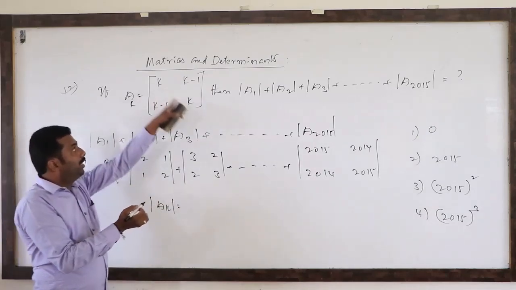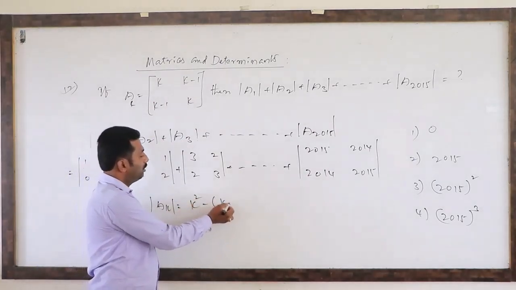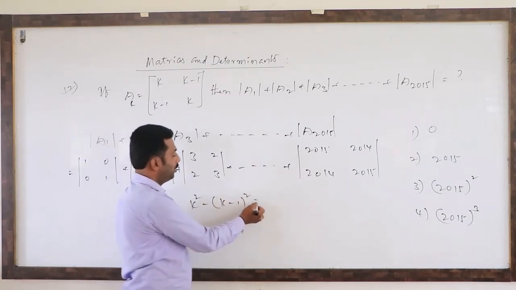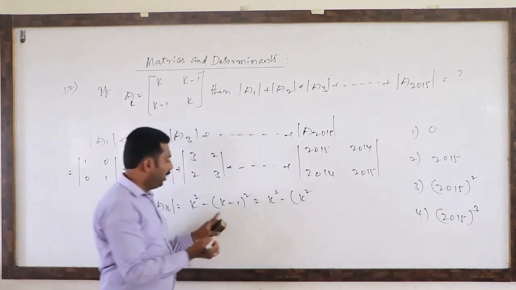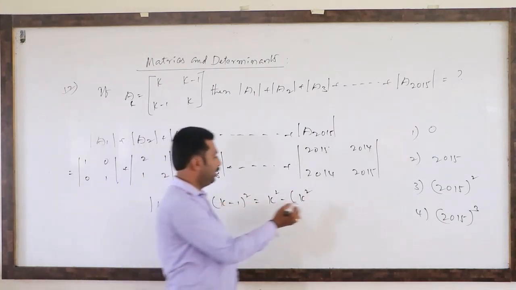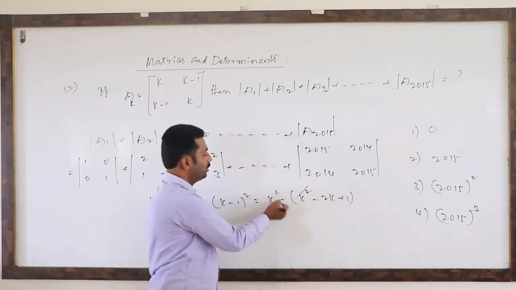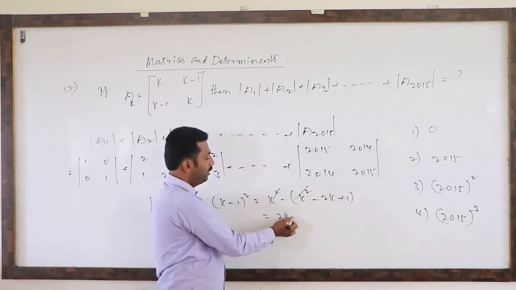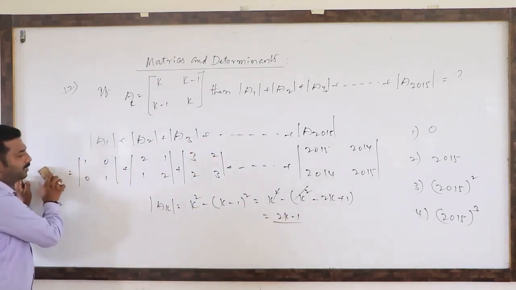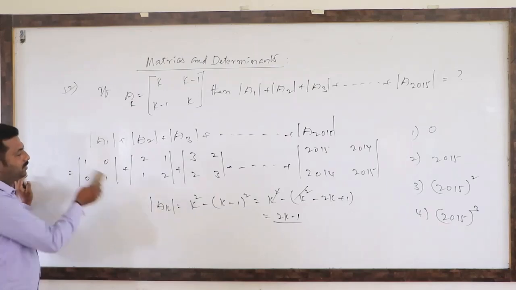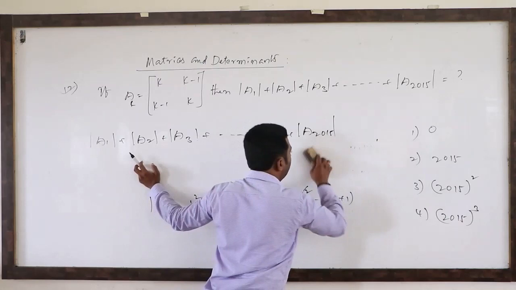Determinant of A_k means this is k square minus (k minus 1) whole square, nothing but k square minus, using (a minus b) whole square, k square minus 2k plus 1. So this is cancelled. So finally 2k minus 1.